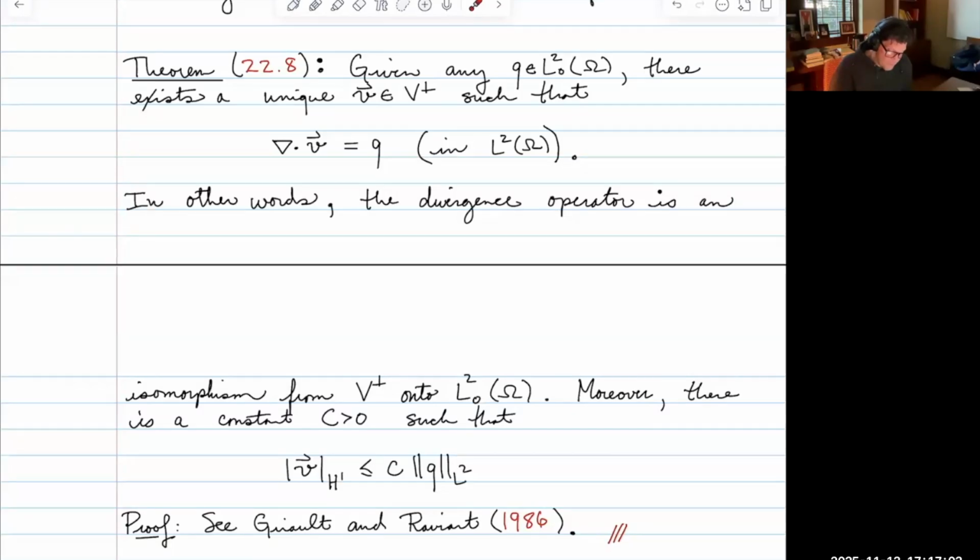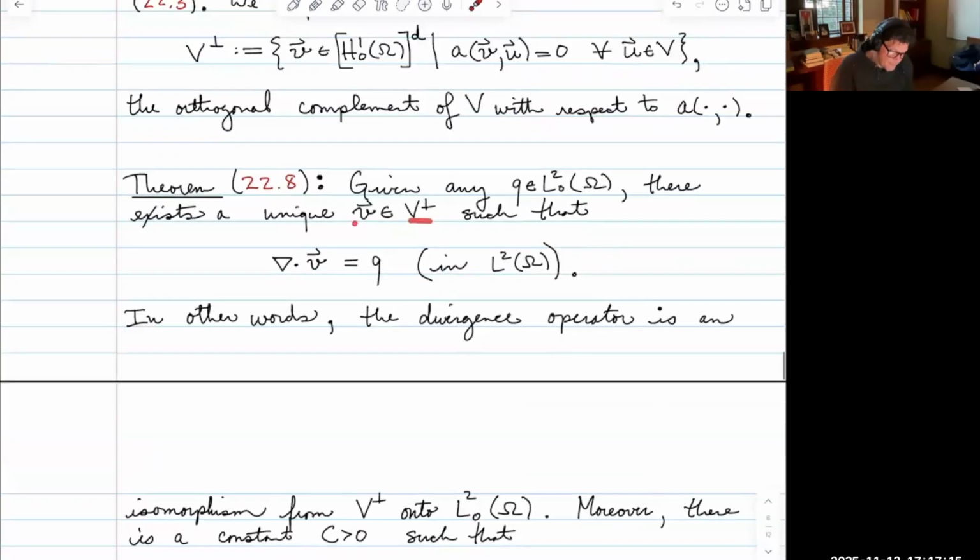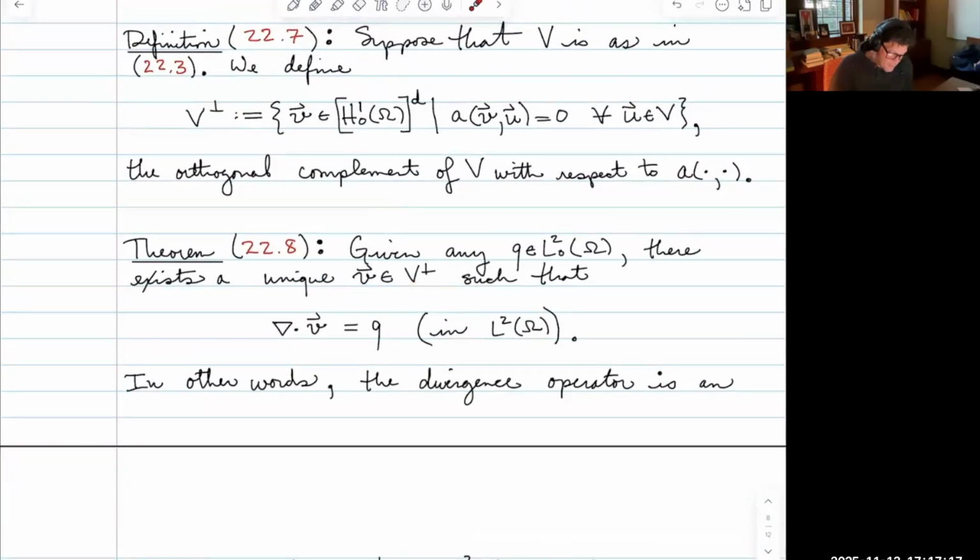Given any q in L02, the mean 0 space of L2 functions, there exists a unique v in V perp, that perp space I just defined, such that the divergence of v is equal to q. It's probably too difficult to prove using the machinery we know, but let's make sure that it makes sense.